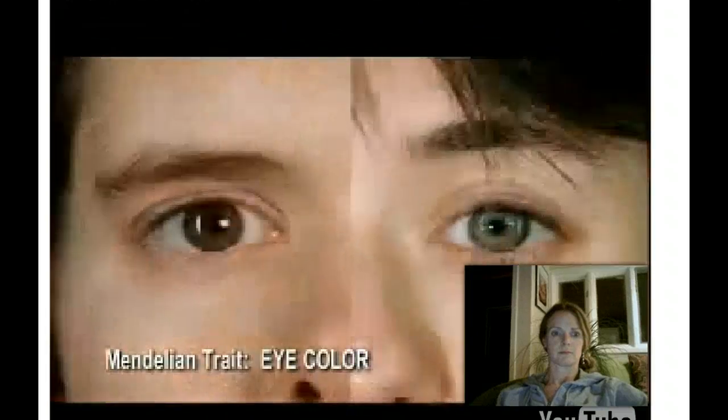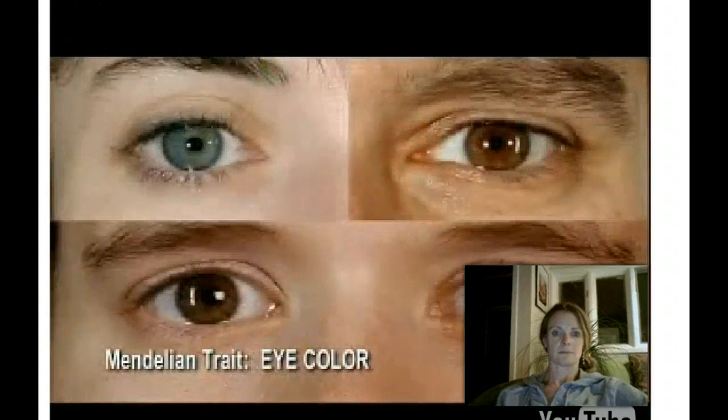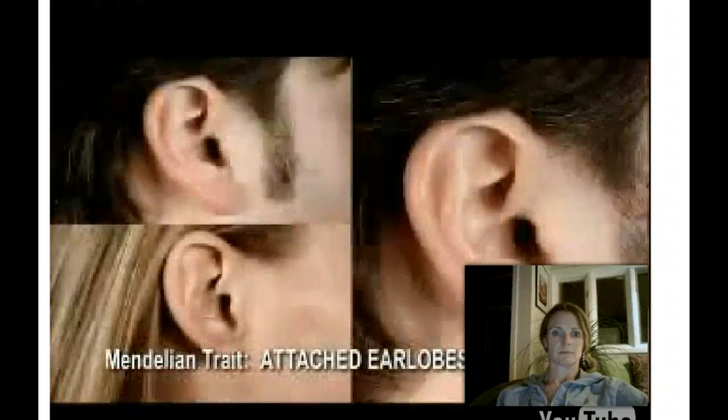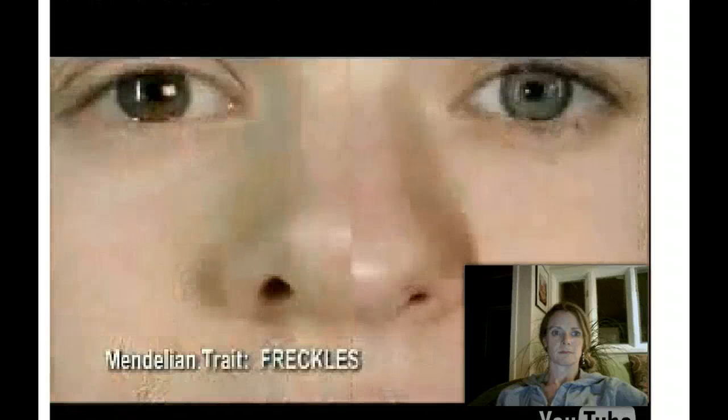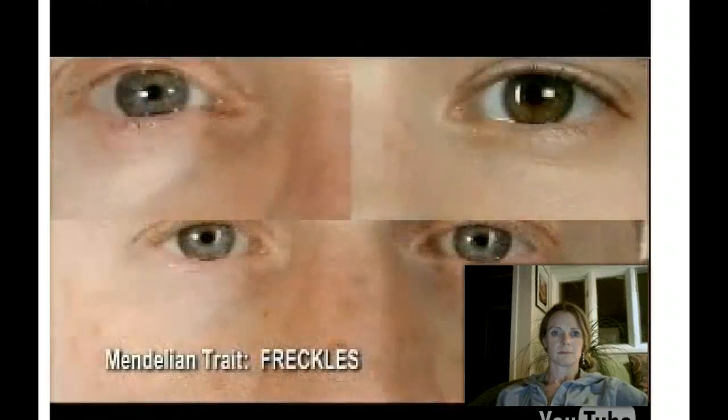Each inherited characteristic must be decided by a pair of what he called factors. Each parent, he said, contributes one factor for each characteristic. Certain factors are dominant and others recessive. Depending on the combination of the factors, the offspring inherits. Mendel's factors are called genes.